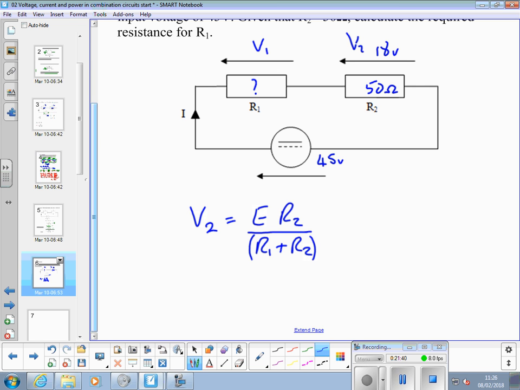No, because what you've effectively got there is ER2 over R1 plus ER2 over R2. So you can't do what you're suggesting.